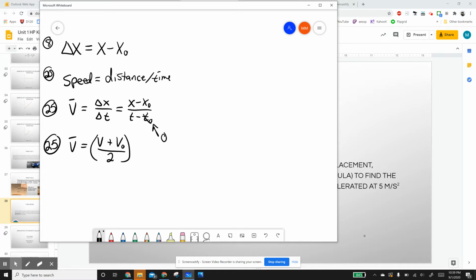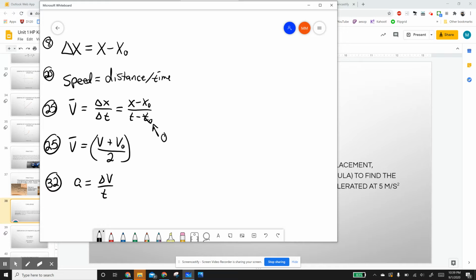And then the final equation that we were given so far is on slide 32, and that was a for acceleration is equal to a change in velocity over time. Again, this is technically a change in time, kind of like up here from slide 25, but if that initial time is 0, all we care about is how much time went by.